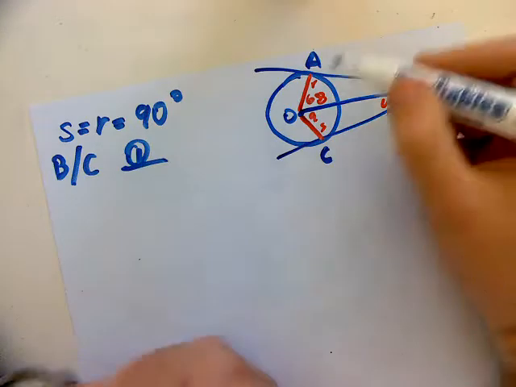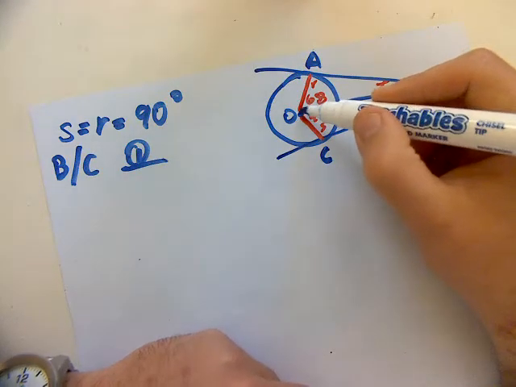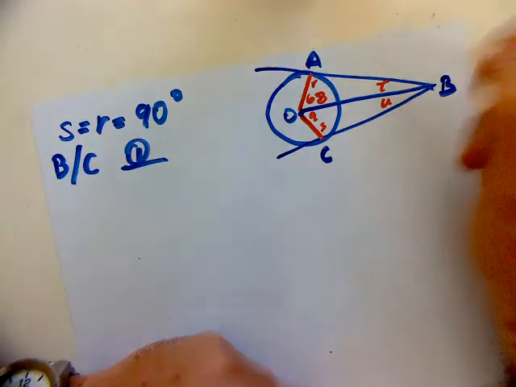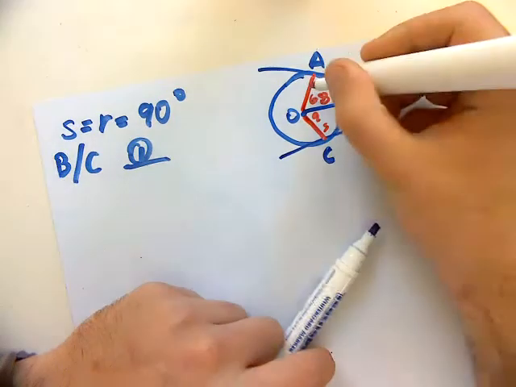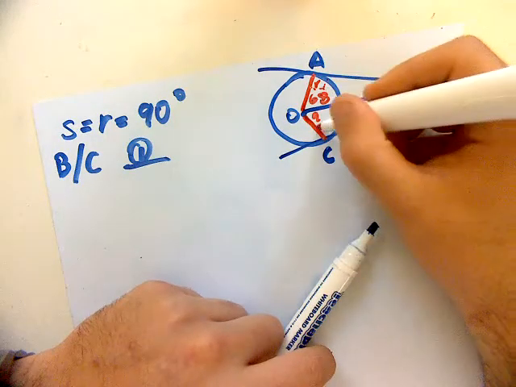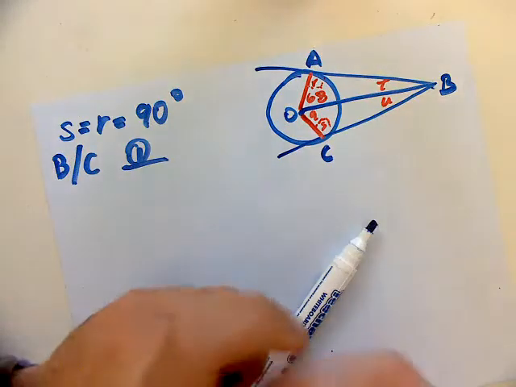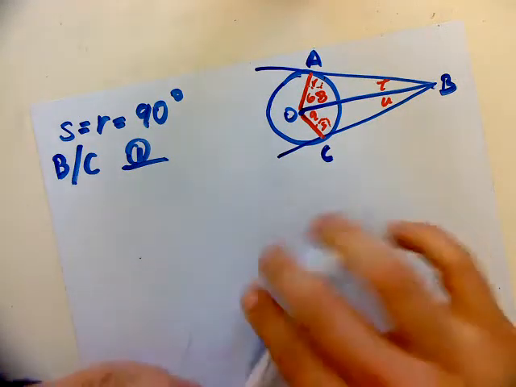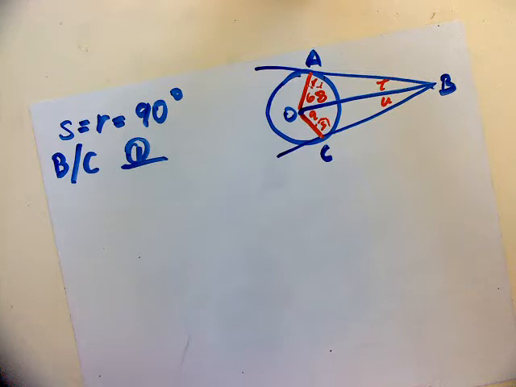We're joining up to the origin here, it's going out and hitting a tangent. So whenever this hits a tangent, we know that's going to be 90. So we know that both of those are going to be 90.